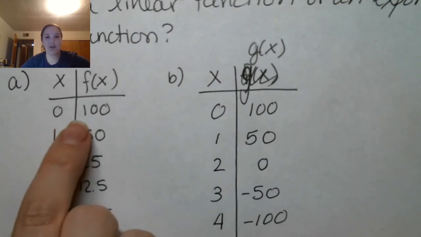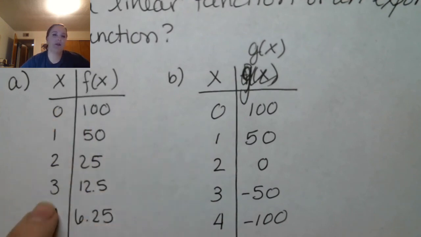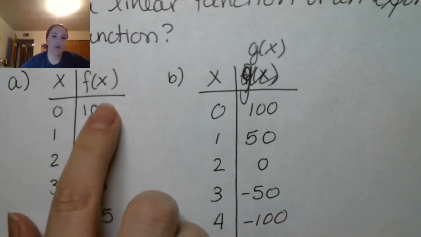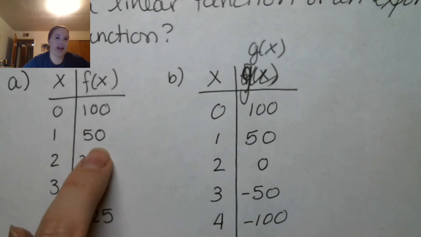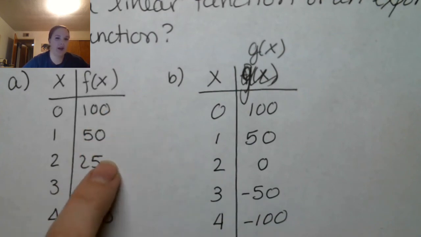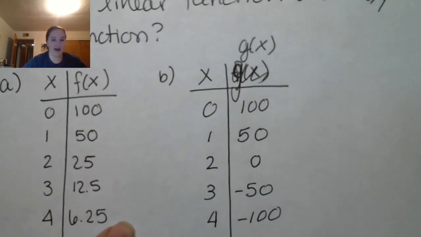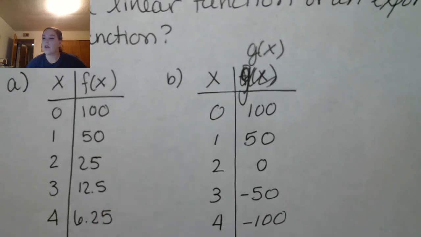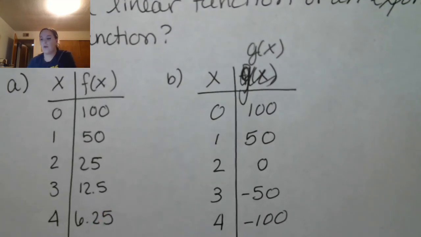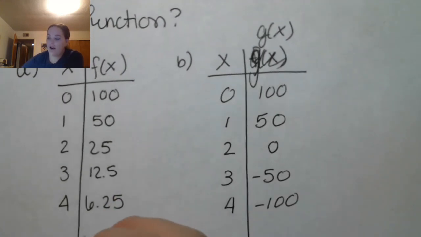Okay, so here you can see as x increases by 1, the y value is being halved, right? Half, half, half, half. Okay, this is a perfect example of exponential decay.